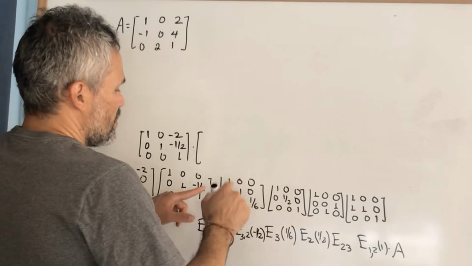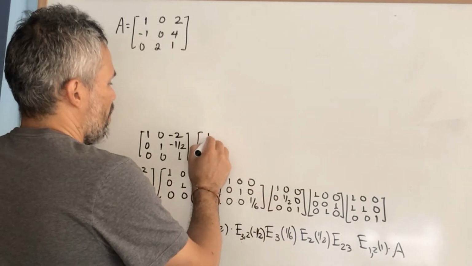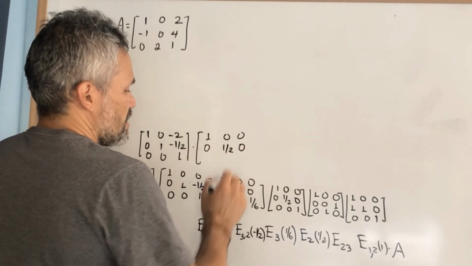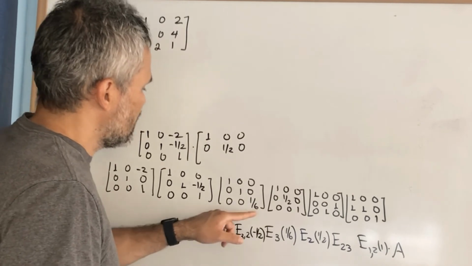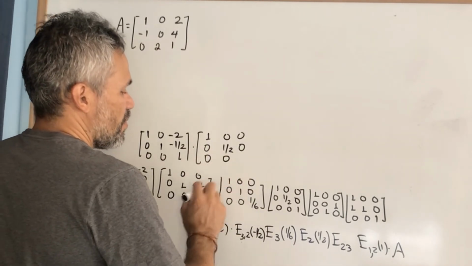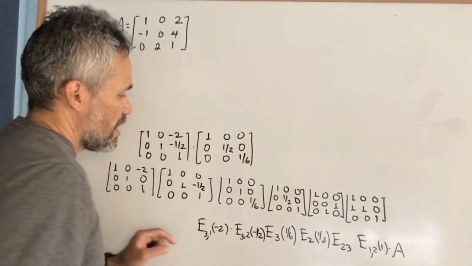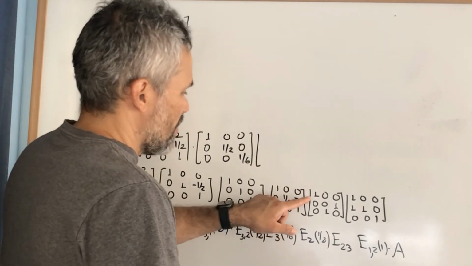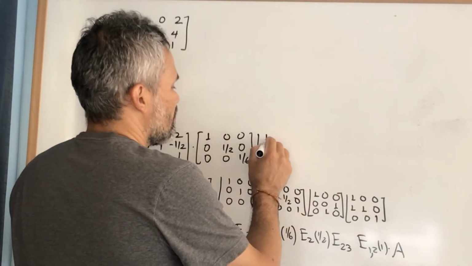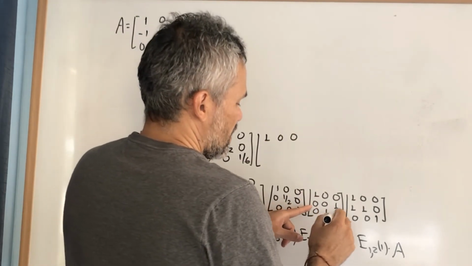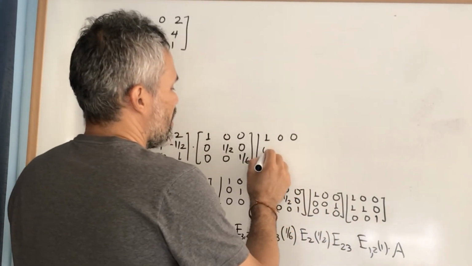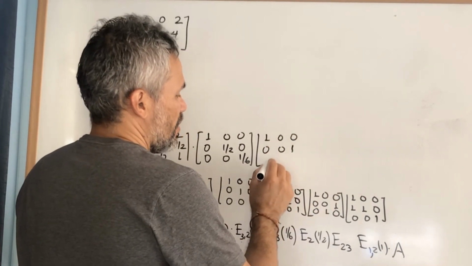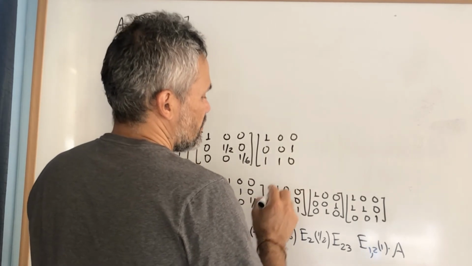When we multiply these two, I get 1, 0, 0, 0, 1/2, 0, and here we get 0, 0, 1/6. I multiply these two, and now when I multiply these two, I get the matrix 1, 0, 0. I get the matrix 0, 1, 1. Sorry, 0, 0, 1, and 1, 1, 0.